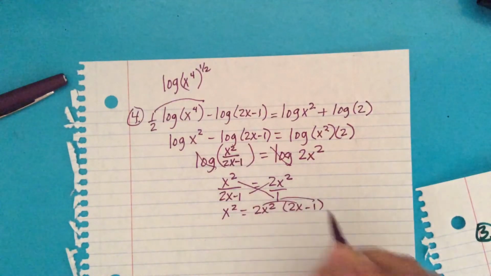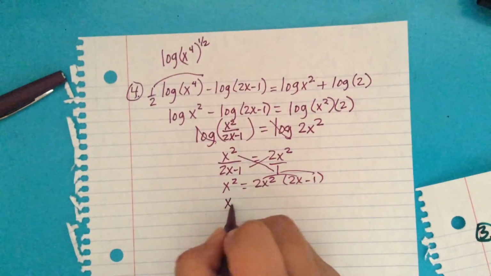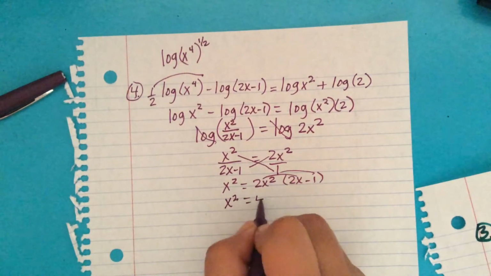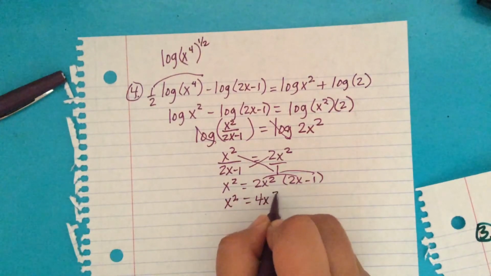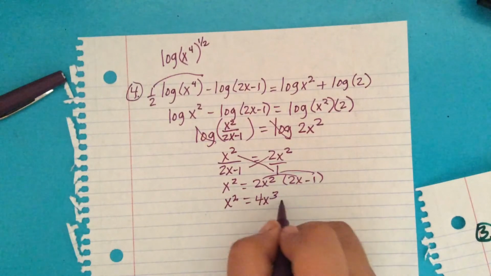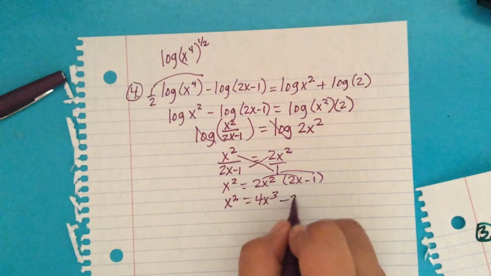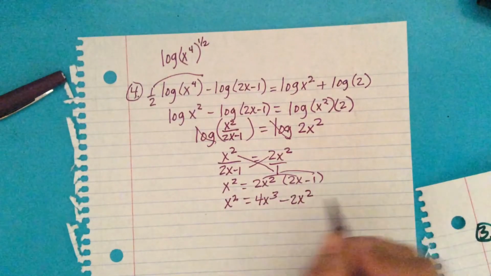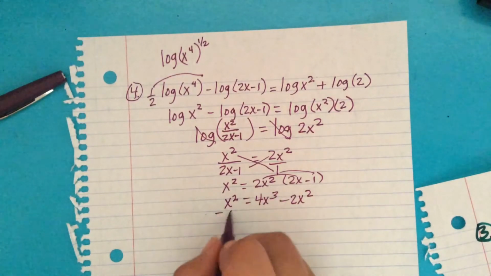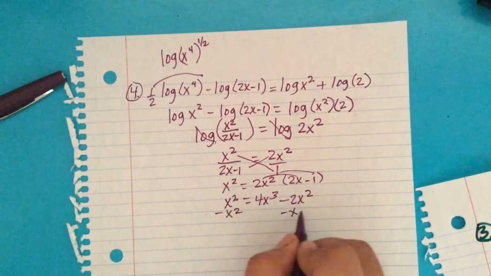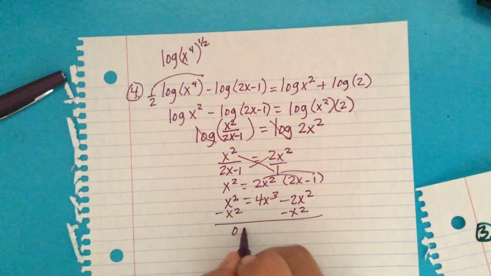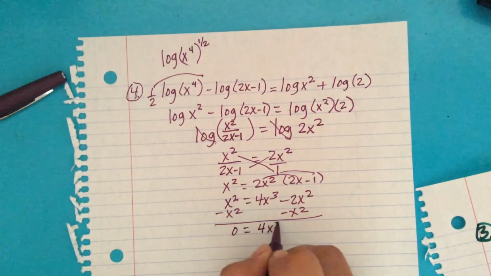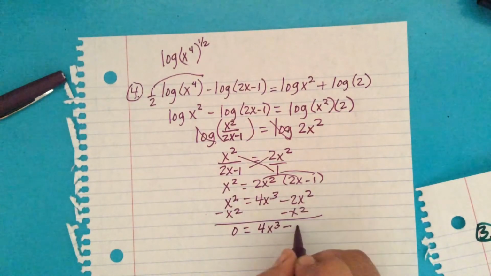So we're going to distribute. That's going to be x squared is equal to 4x to the third minus 2x squared. Okay, well, the cube is already here, so I'm going to subtract this out over here. So that's 0 is equal to 4x cubed minus 3x squared.